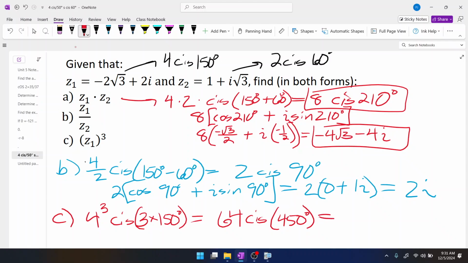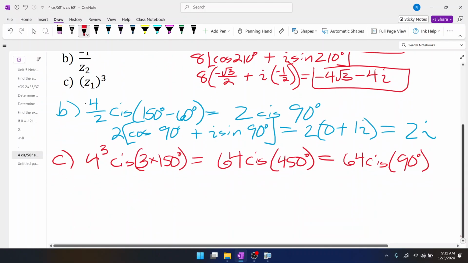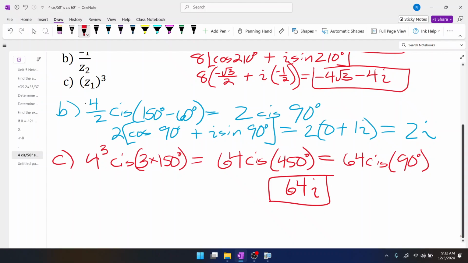I want to get the rectangular form of this, so 450 minus 360 is 90 degrees. So all this is going to be is 64i, or 0 plus 64i.